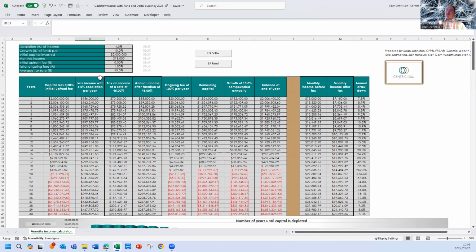I'm not factoring in upfront fees. Let's say there was a 0.5% upfront fee. That would then deduct off the starting balance to get you to that, and that will then change the amount drawn off. And this is the amount before and after tax. Obviously, I am using the highest tax rate just as an example, but the point is that you can play around with different scenarios.